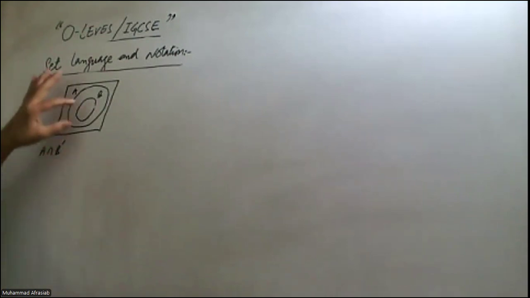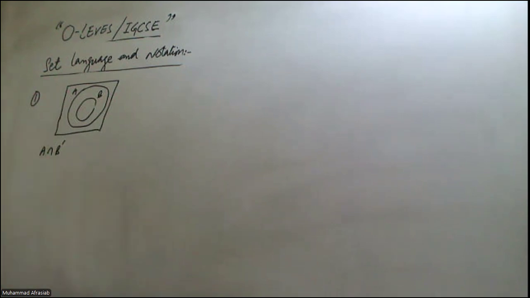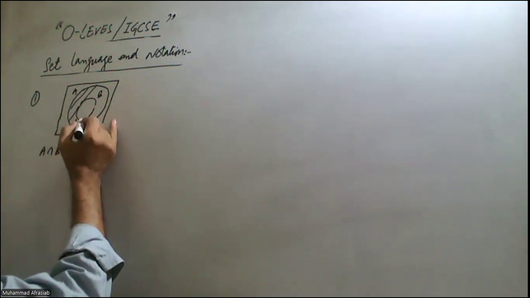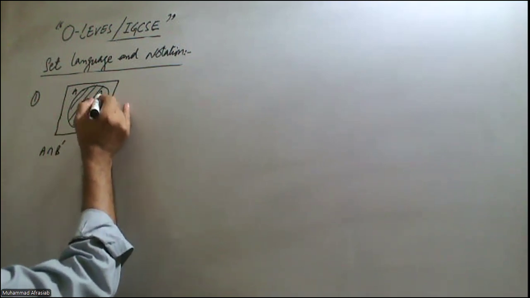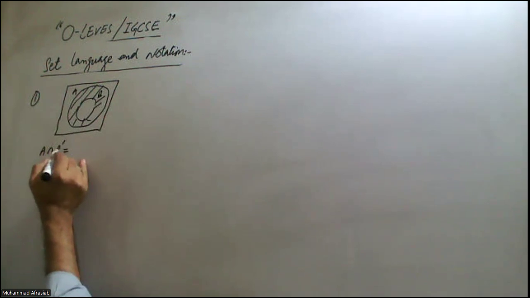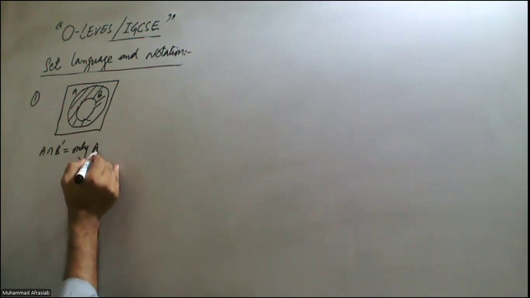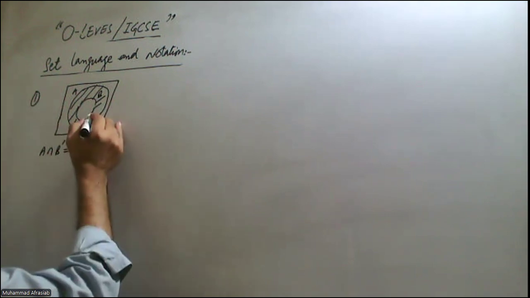That means outside the region B and inside the A, the common region. So this is the representation of that A intersection B complement, or in other words, it is only A of this.